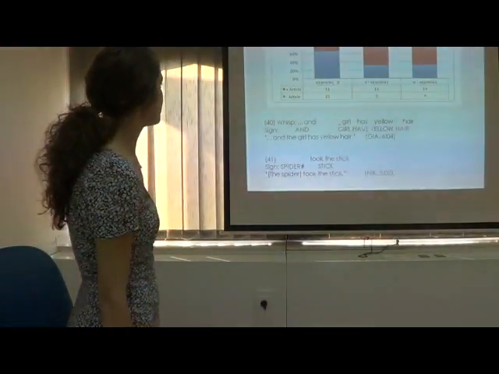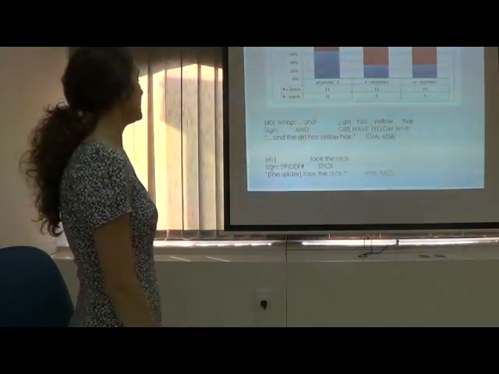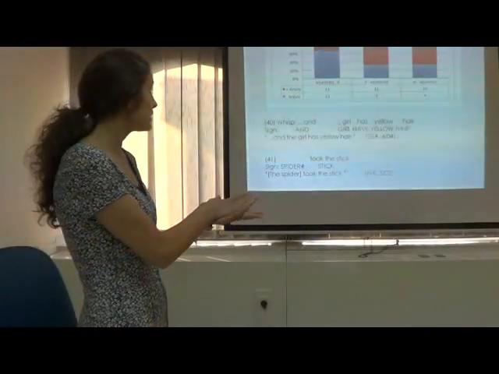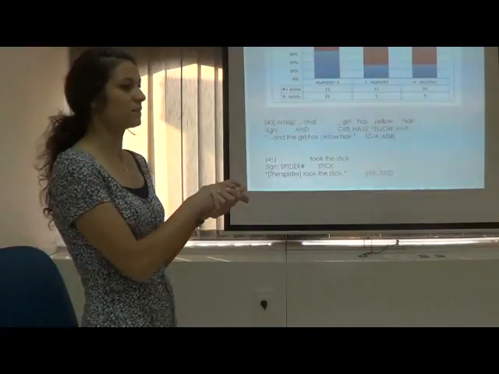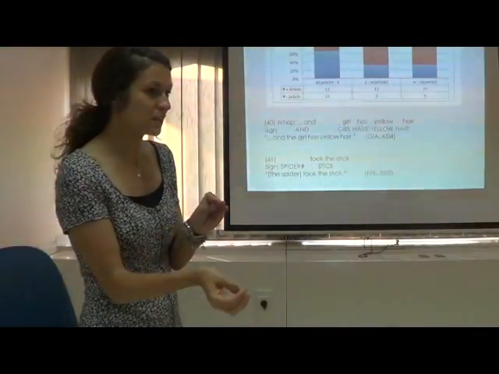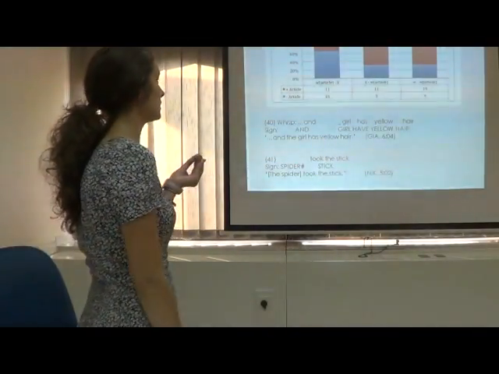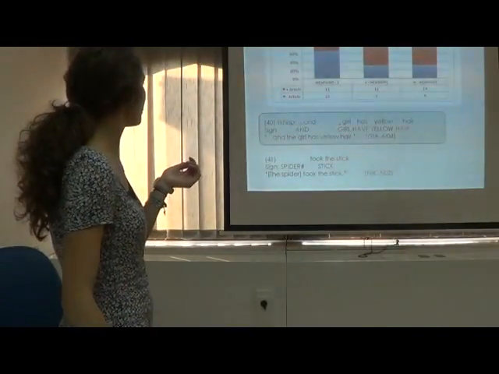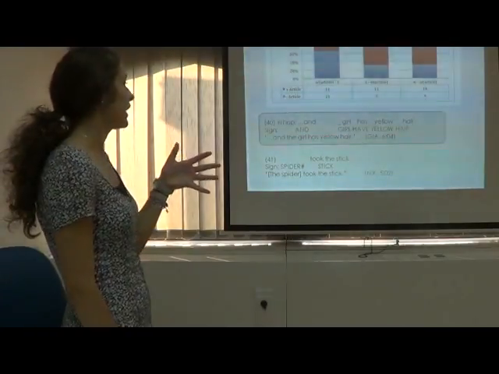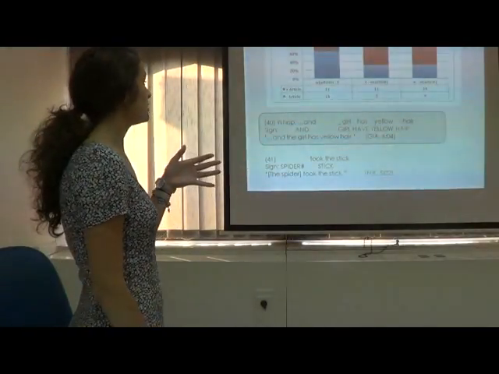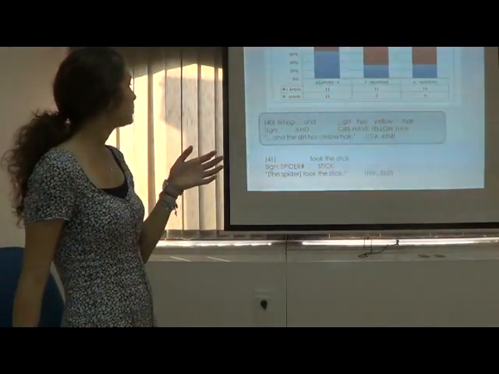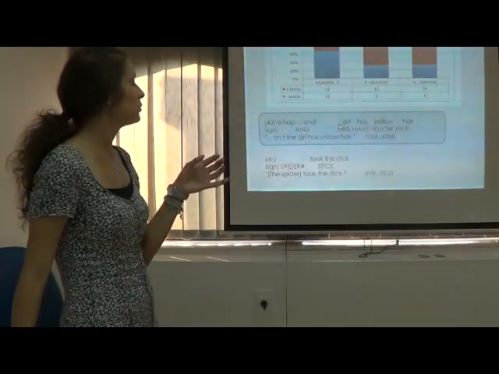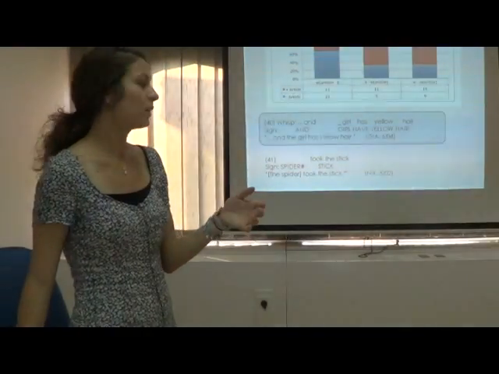Then I categorized based on the environment: whether the article was in the initial position and unstressed, versus in the secondary position, unstressed but followed by a strong or a weak syllable. An example was 'and girl has yellow hair'. This was after a weak syllable, but the article was still dropped.